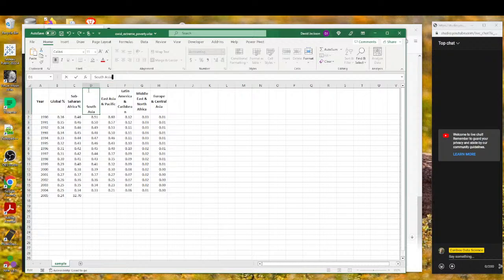Let's just change all these to lowercase.